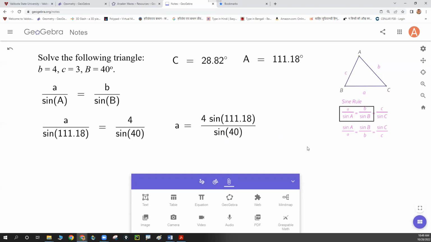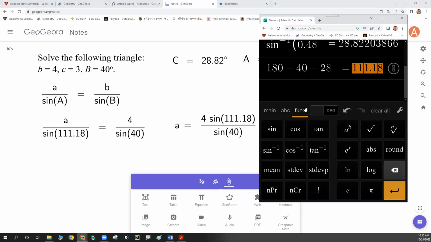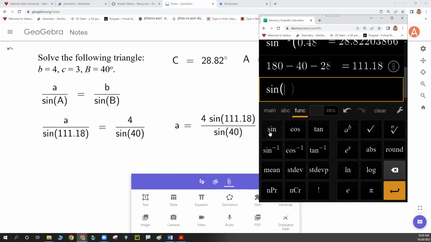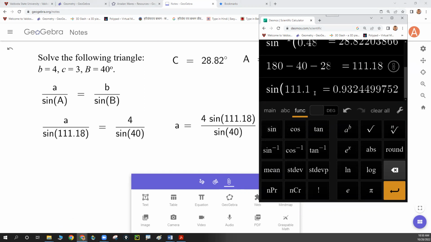So my a value is going to be this. I'm going to use my calculator. I'm going to enter all that in my calculator and see what I get. I have to do it very carefully. I don't want to make a mistake.